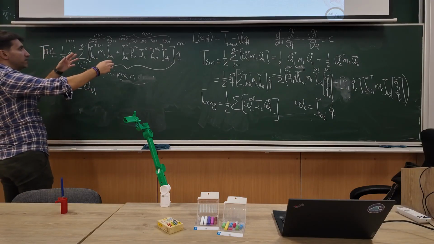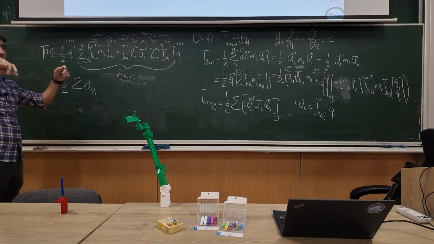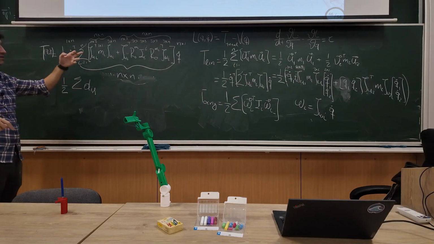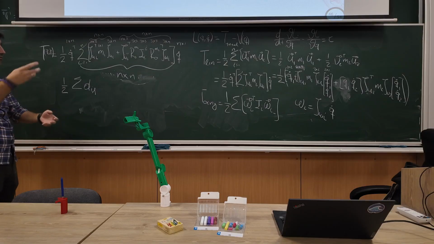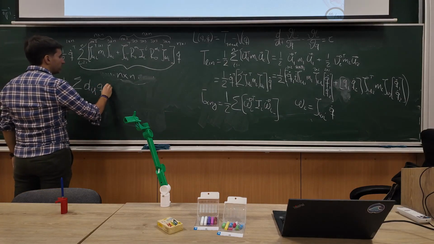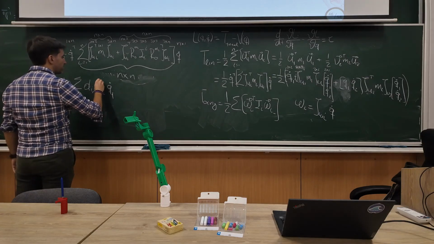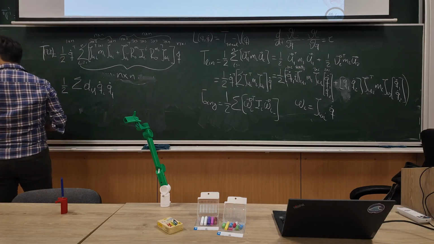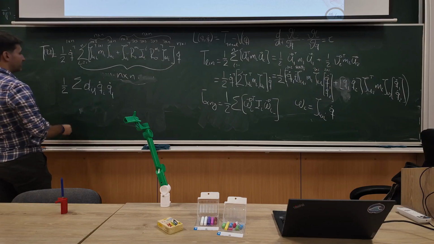So this is basically vector, matrix, vector. This is a weighted sum of q dot i, q dot j, D ij.